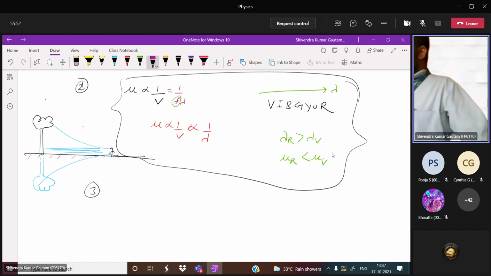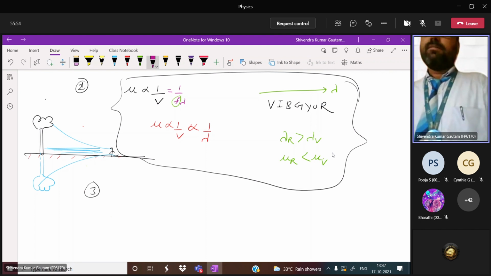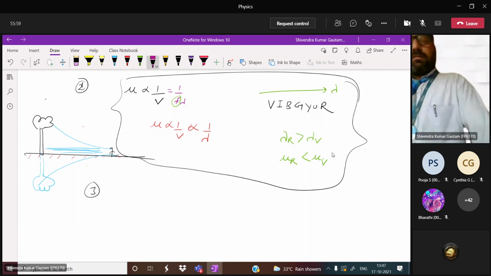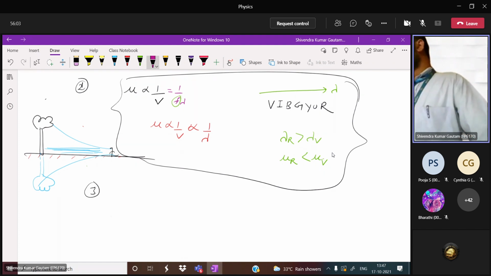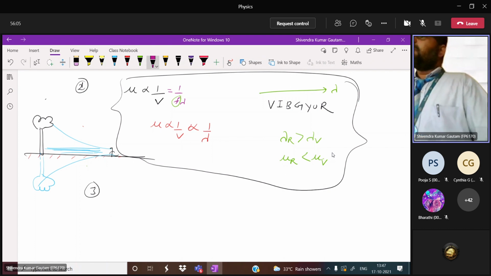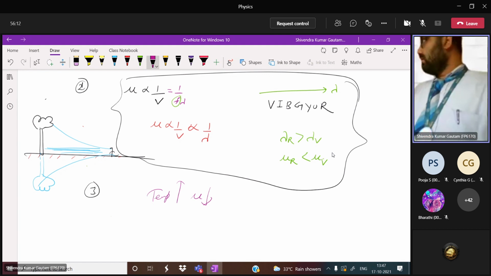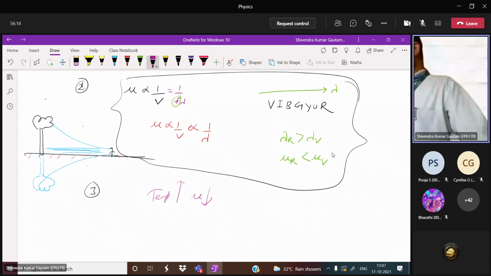It depends on temperature: as temperature increases, refractive index decreases.